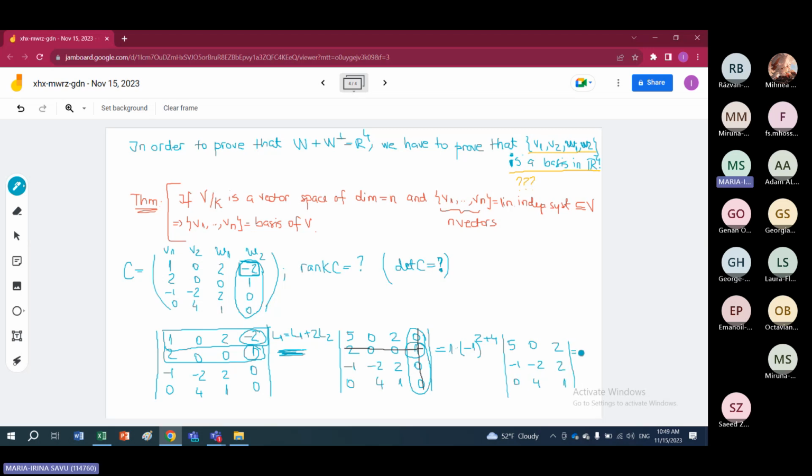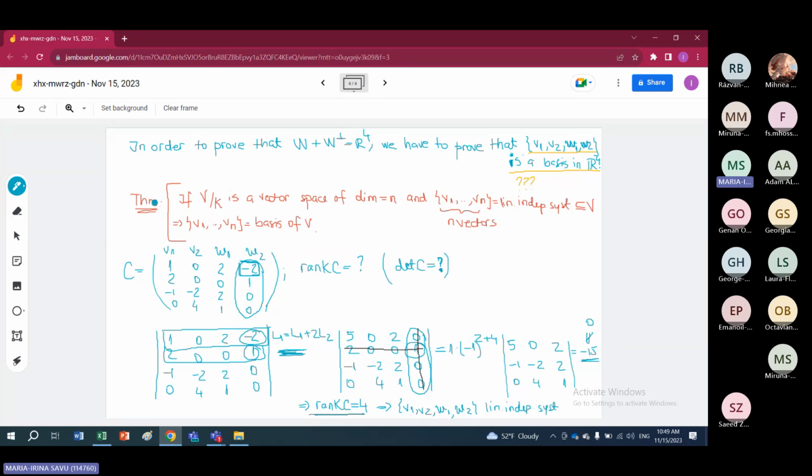And from here it's very easy. I'll use your computations, and I'll write here -15. Okay, so the idea is that this determinant is not 0, and using this fact you have that the rank of C is 4, and because the rank of C is 4, you have that V1, V2, W1, W2 is a linearly independent system.